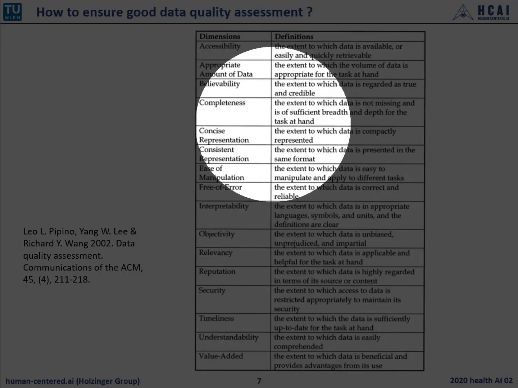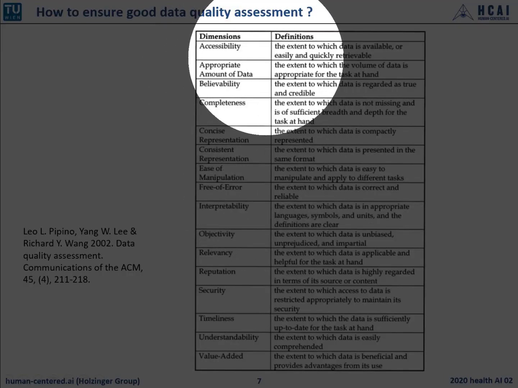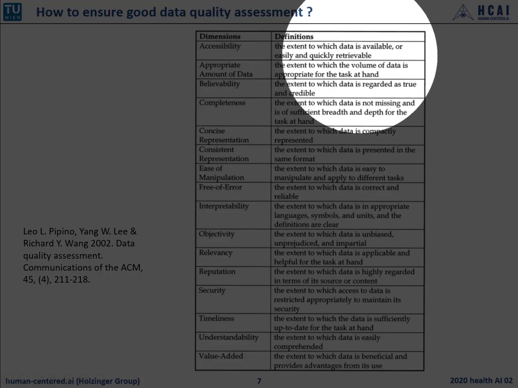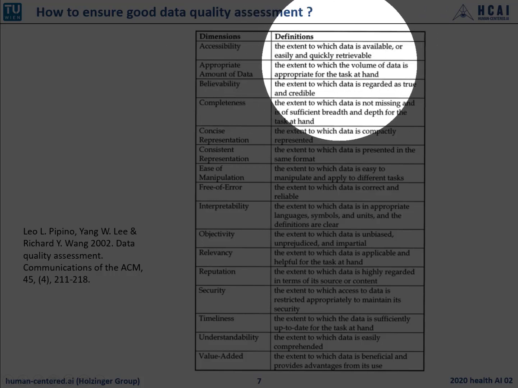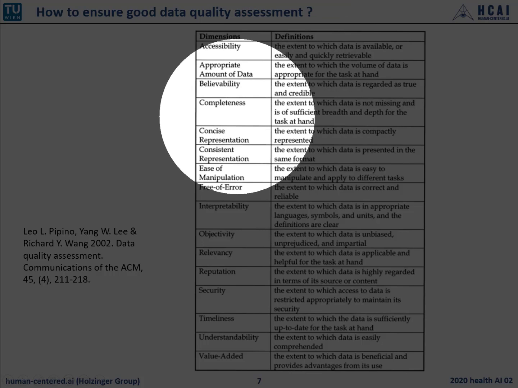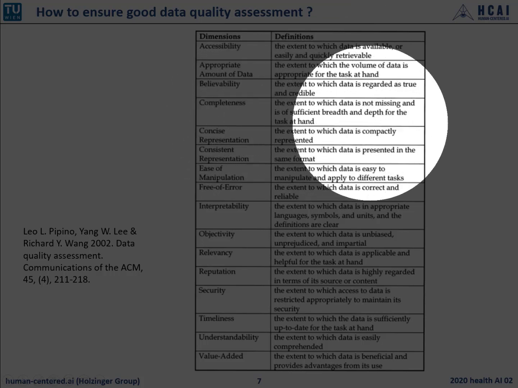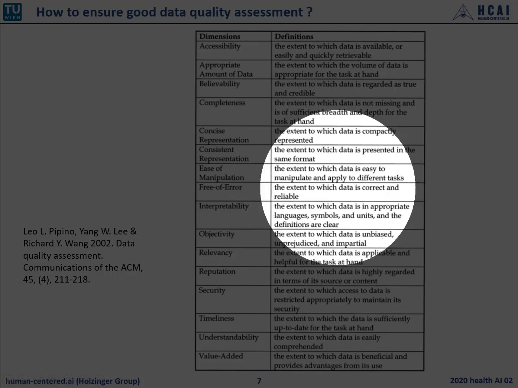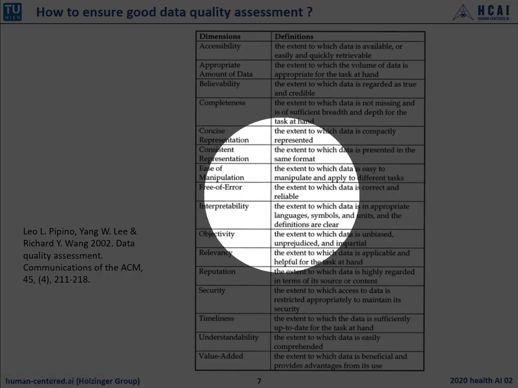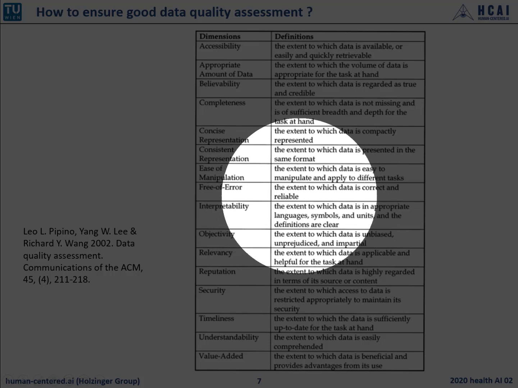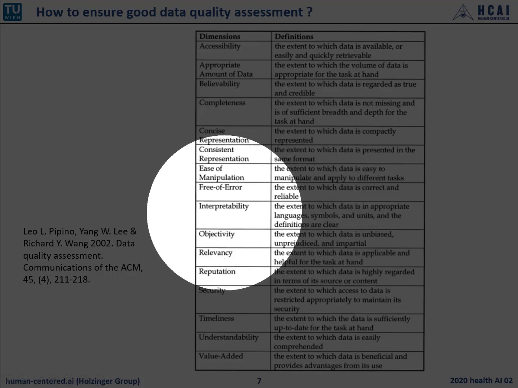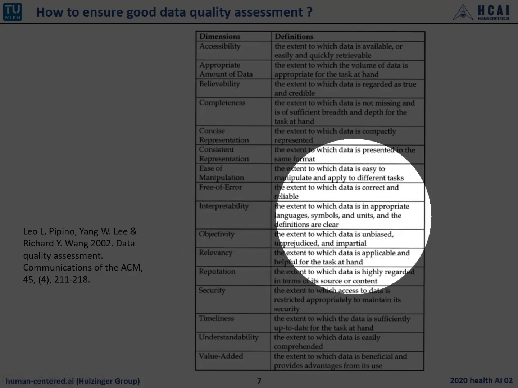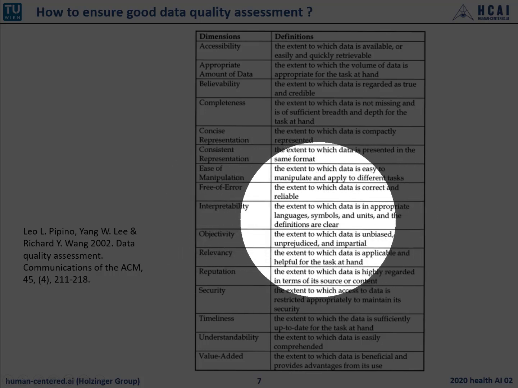For example, start with the first, accessibility, the extent to which data is available or easily and quickly retrievable. Or completeness, for example. Or free of error, the extent to which data is correct and reliable. This is a huge problem in the medical domain. Then look here at this 2002 paper, interpretability, the extent to which data is in an appropriate language, symbols or units, and the definitions are clear.